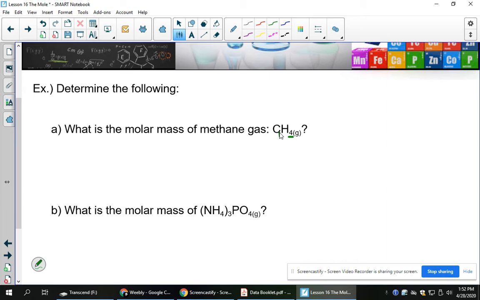So let's write this in words first. 1 carbon plus 4 hydrogen. And what I'm calculating is molar mass, which you can call capital M. We don't want to call it lowercase m because that means mass of a substance, and we're talking molar mass, the mass of a mole.